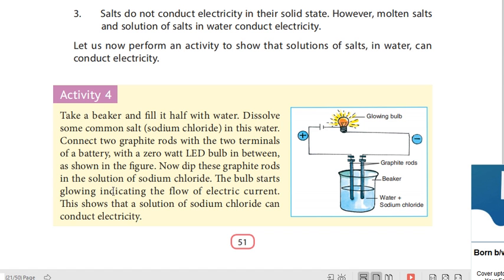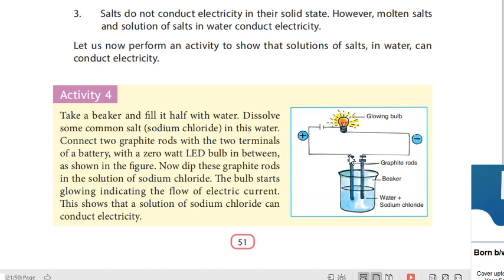Now dip the graphite rods in the solution of sodium chloride. The bulb starts glowing, indicating the flow of electric current. So as you connect the bulb with the help of these electrodes, what will we find? We'll find that the bulb will glow.